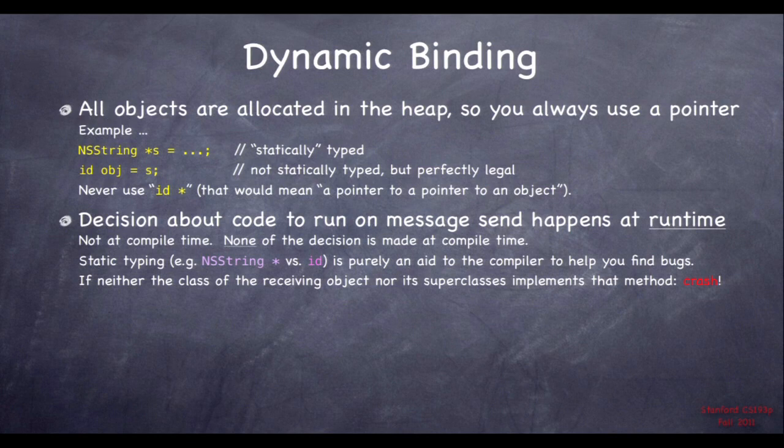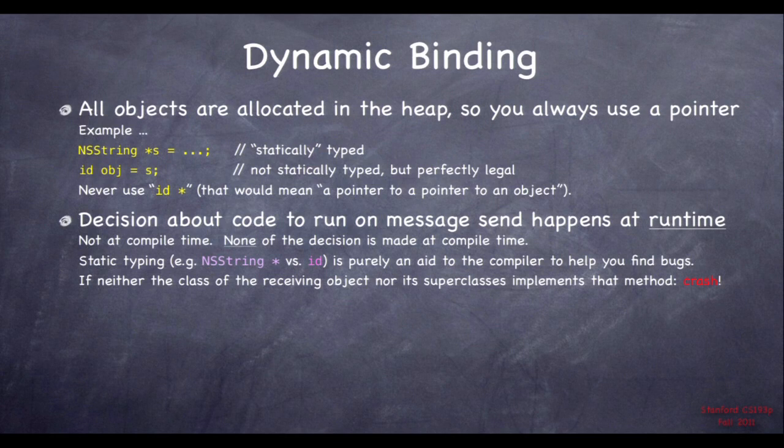Okay? So imagine that's what happens. And then when your program runs, whenever a message send happens, this objc_msgSend function gets called. The first thing it does, it looks at that object to see what class it is, what type of object it is, and then tries to find a method that that class implements. And if that class, and none of its superclasses, implement that method, it crashes, raises an exception.